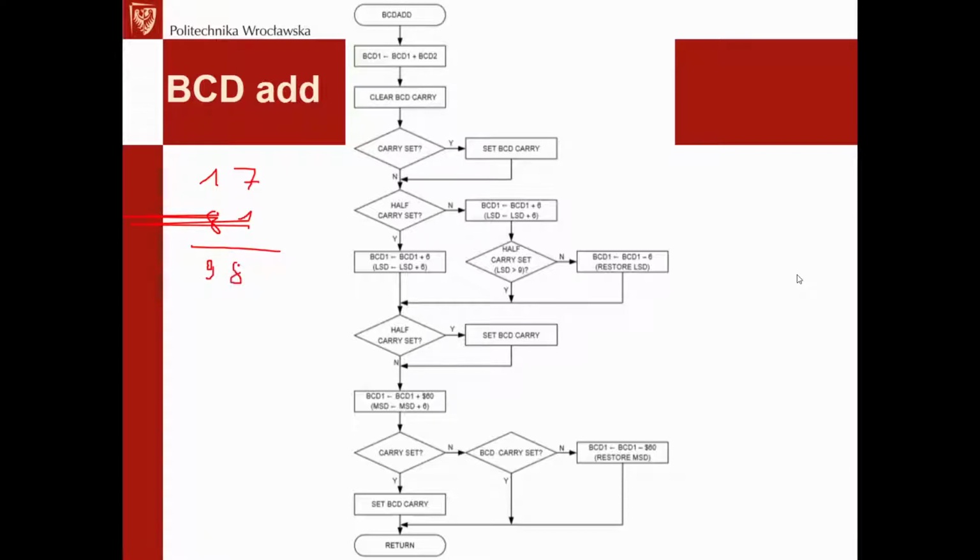So we just add this quadruplet and this quadruplet, and we don't get beyond the quadruplet. So the result of the LSD addition, for example, doesn't go beyond 9. But if it goes beyond 9, then we have to play with carry.